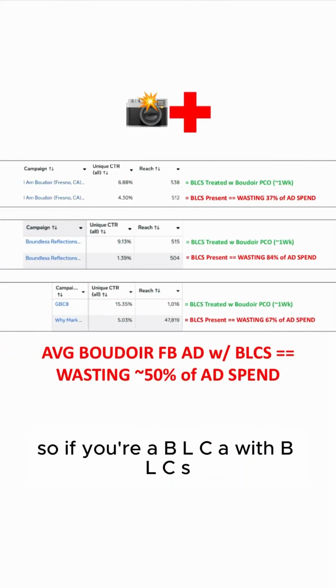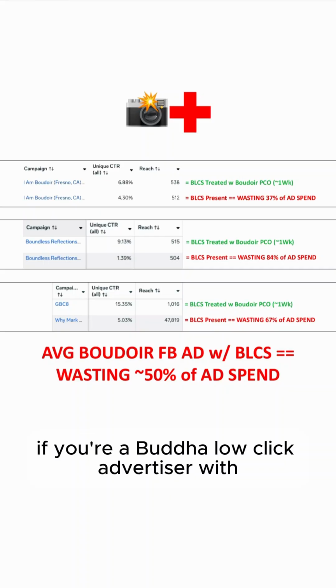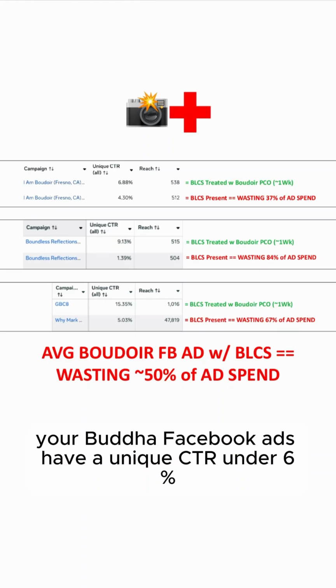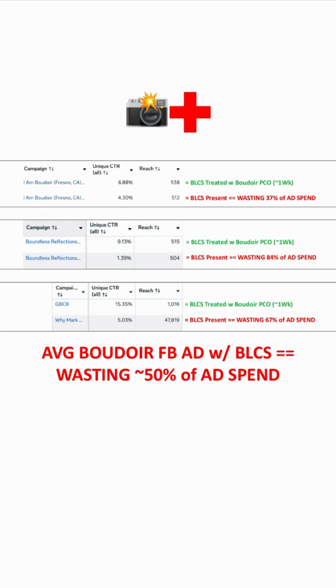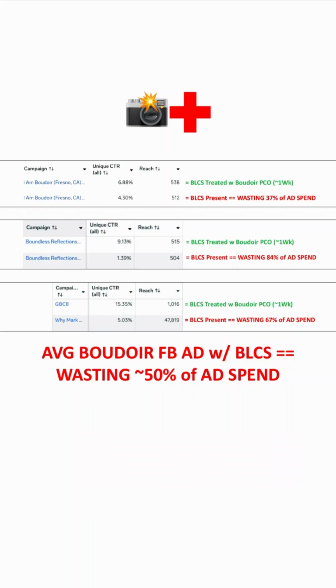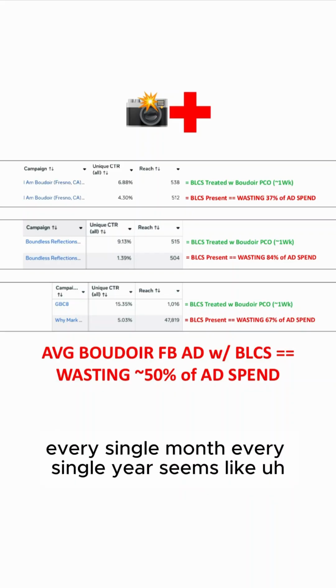So if you're a BLCA with BLCS, if you're a Boudoir low click advertiser with Boudoir low click syndrome, your Boudoir Facebook ads have a unique CTR under 6%, and you're looking out there in the marketplace, seeing it's getting more saturated, every single day, every single week, every single month, every single year.